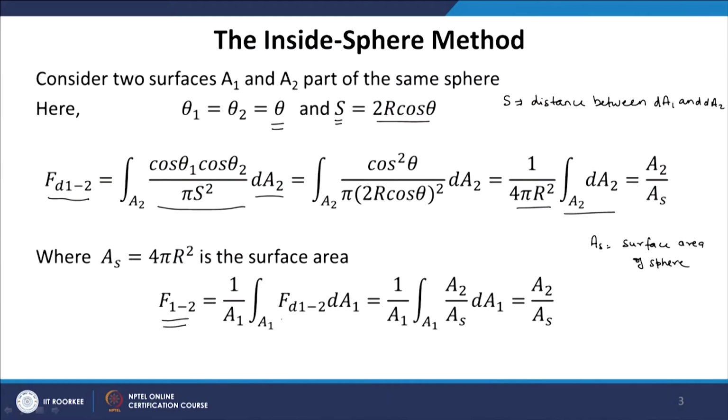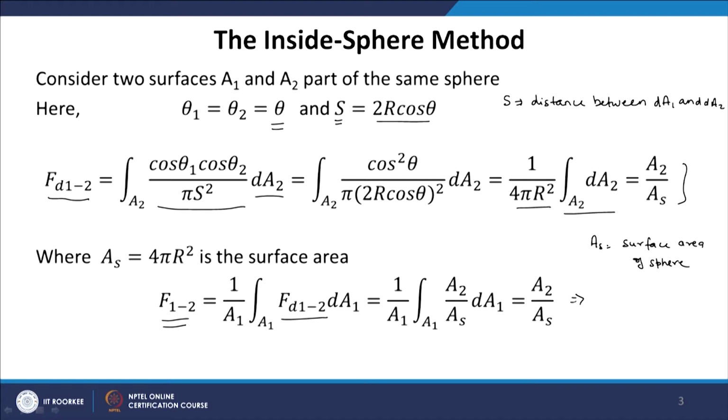So, we write F12 equal to 1 upon A1, as per the definition of the finite area view factor, integrated over F d1 to 2 dA1. Now, we substitute the value of F d1 to 2, A2 by AS, in this expression, and because A2 by AS does not depend on area A1, this can be taken out. So, what we are left with is A2 by AS.